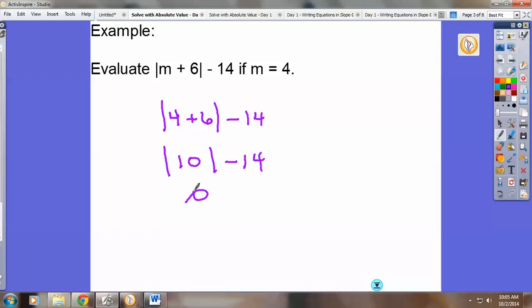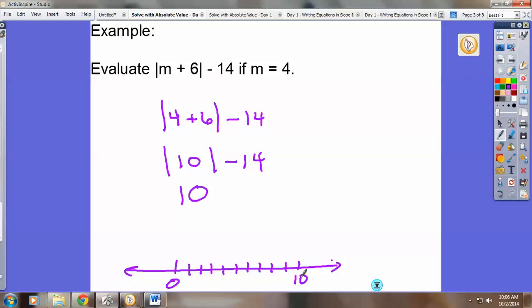It's 10. You think back when you first learned about absolute value. Your teacher probably told you that it's a distance. Absolute value is a distance from 0 on a number line. So if I have a number line here, here's 0, and here's 10. If I were to know the absolute value of 10, it really means how many spaces away from 0 is 10?